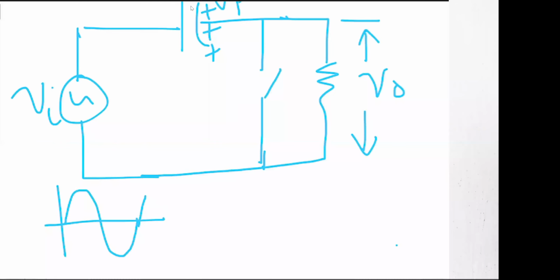Are you with me? Yes, sir. So when the input signal is going from negative to positive half cycle, this end of the input source will become positive and this end of the input will become negative.